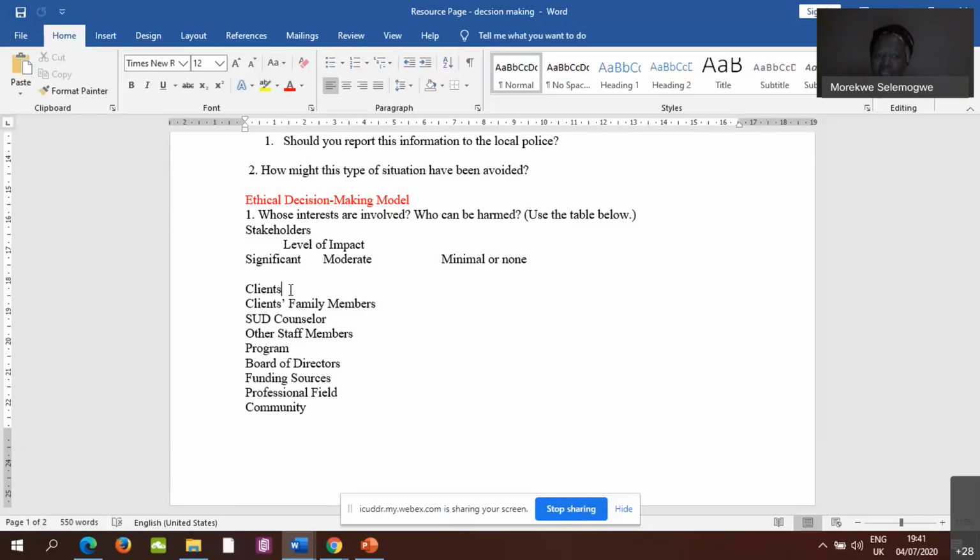What about the counselor? Is the counselor involved? Are their interests involved? Yes, go ahead. In what way? The counselor's interest is involved here too, because he has the responsibility to report the matter, although he is breaching the confidentiality he has with his client.